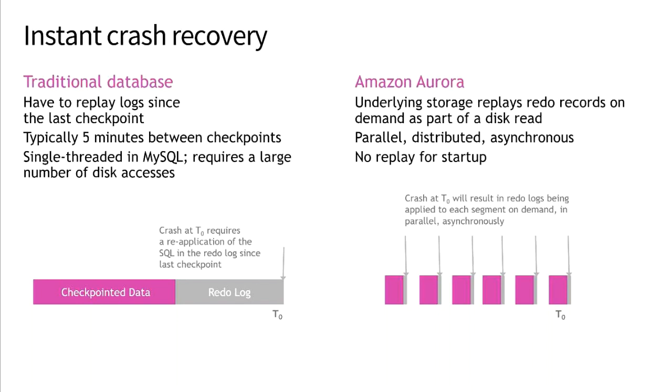Every few minutes, usually something like every 5 minutes, a MySQL database will create a checkpoint. And then in the case of a crash, all the logs that were created since that checkpoint will be applied. And then we bring the database back to the state that it was. That's how it works in any MySQL database, essentially, including ours.